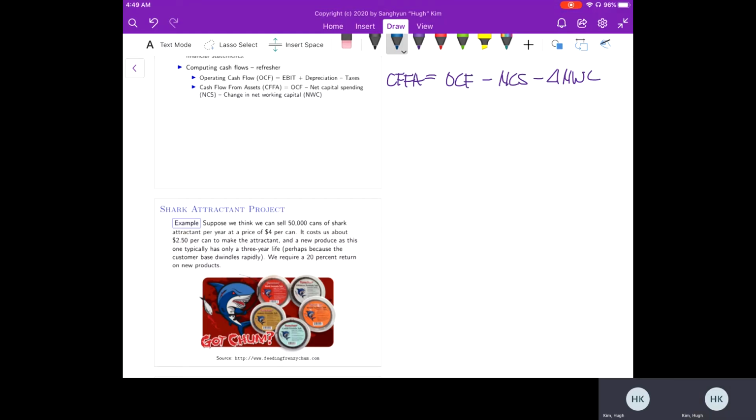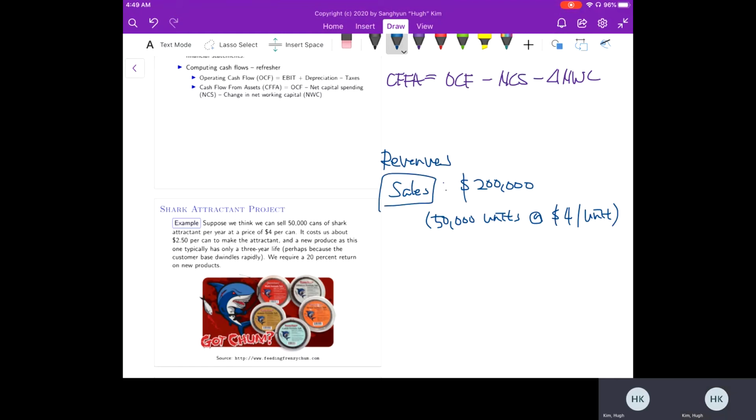So the revenues or sales are going to be $200,000 per year, because there are 50,000 units at $4 per unit.